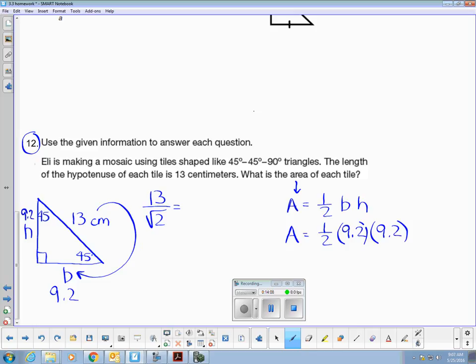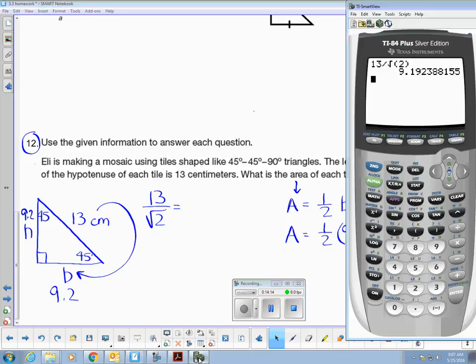So to find the area, I can multiply the base times the height and divide by 2. I already know the base, so I'm going to square that answer. When I square 9.192388155, I get 84.5, and then I need to take half of that, or I simply can divide by 2.